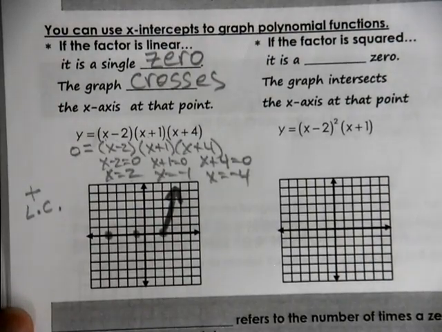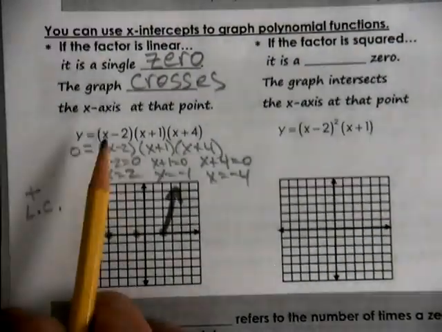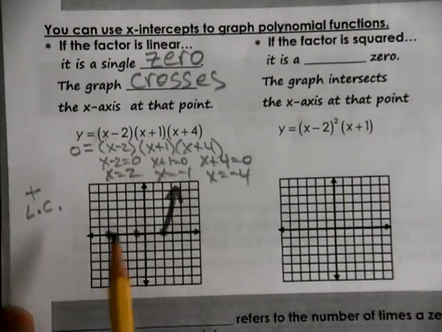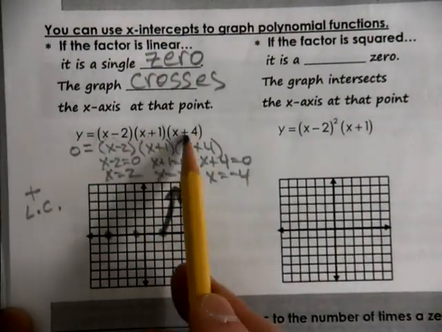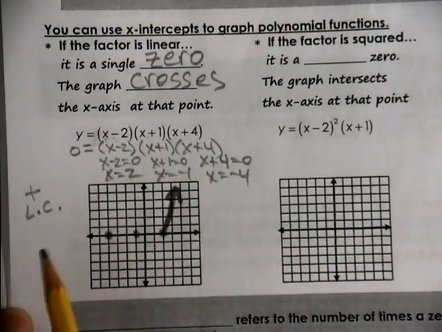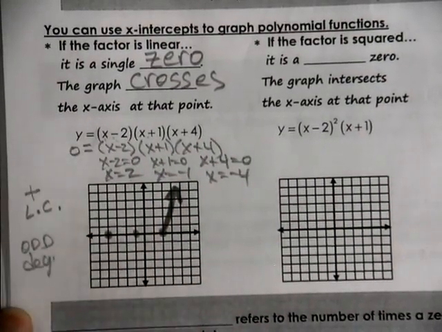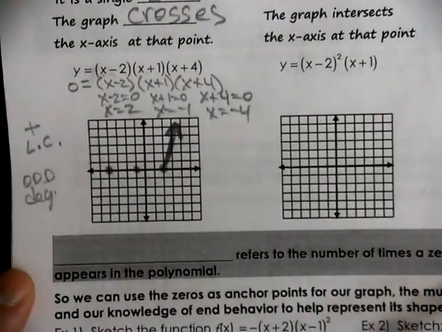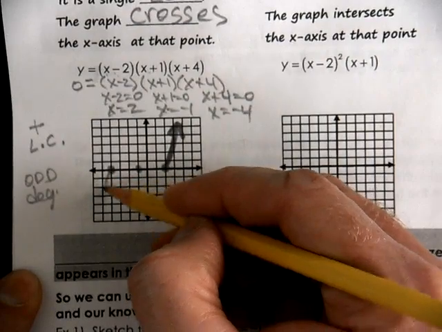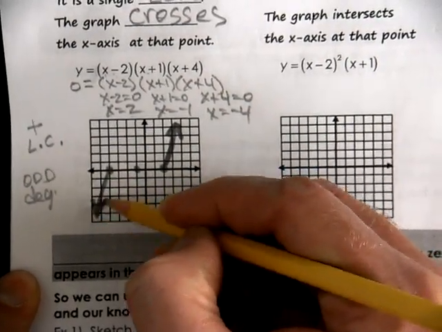As x gets bigger, it's going to go in a positive direction because it has a positive leading coefficient. Because we have an odd degree, a 3, third degree, this is using yesterday's lesson. This is an odd degree. You know this is going to go in the opposite direction.